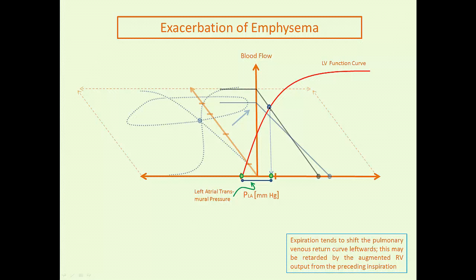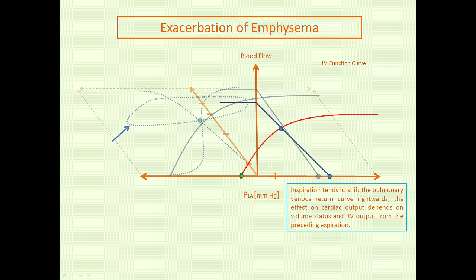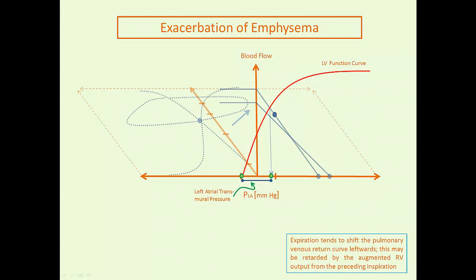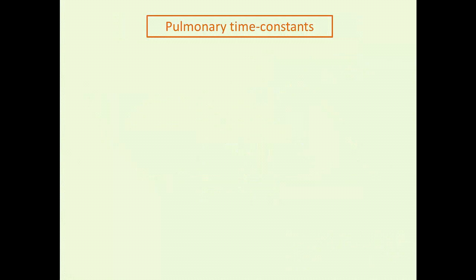So you might actually have improved output of the left ventricle on expiration, whereas inspiration brings high afterload and diastolic effects from the heart and the lungs, and then on expiration you may actually facilitate output. So that was during inspiration and expiration, spontaneous ventilation.